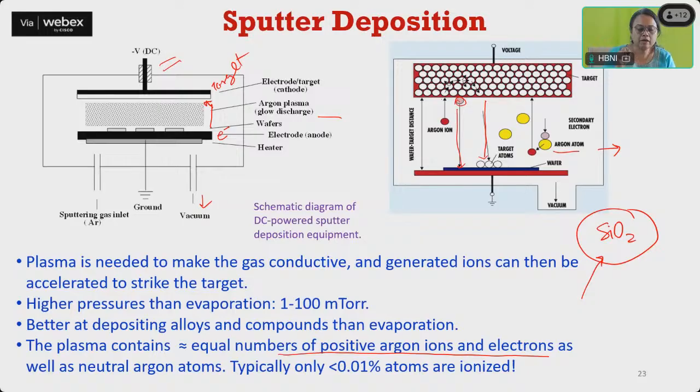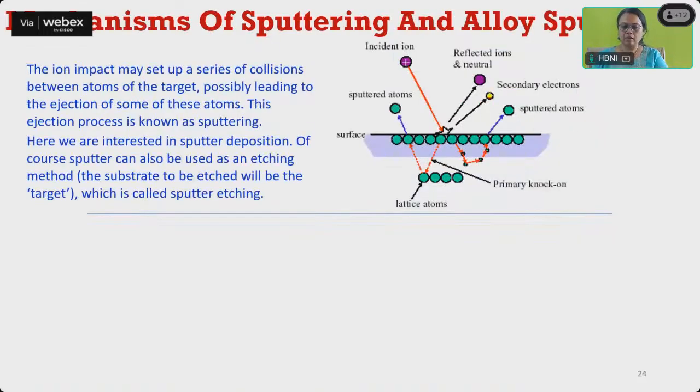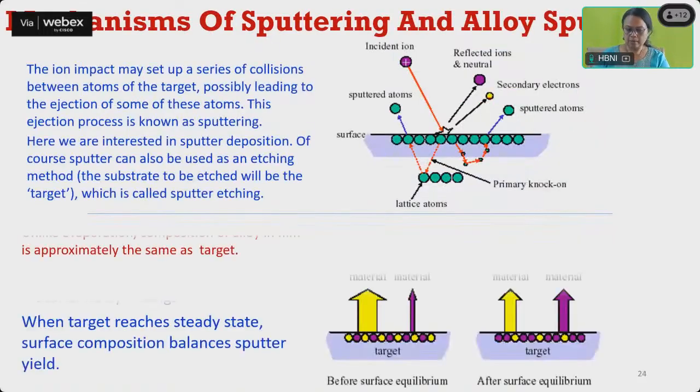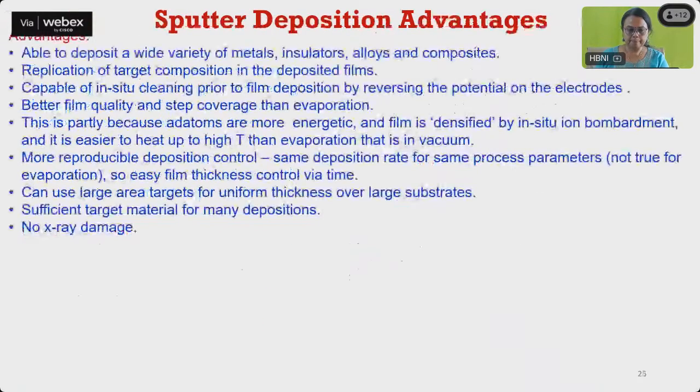What happens after some time is that a charge layer forms, which decreases the deposition rate further. This stops the deposition of thin films in the case of DC sputtering.